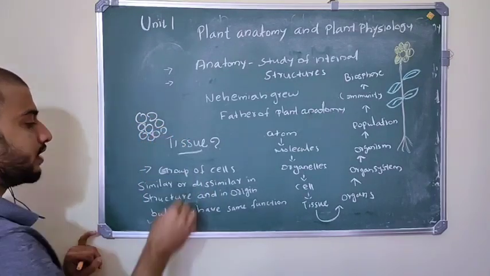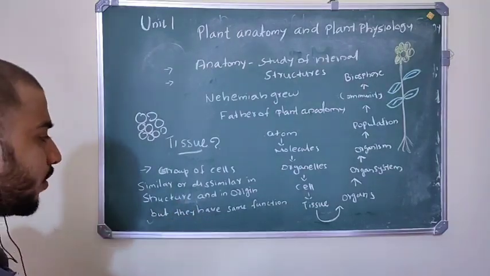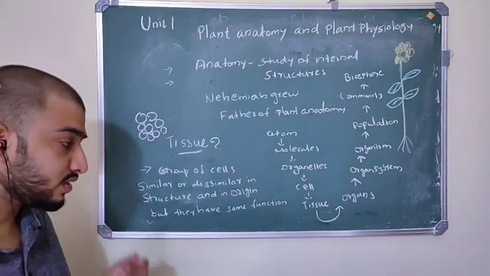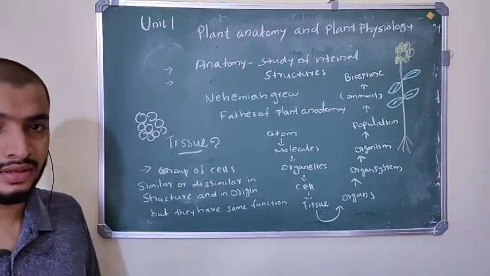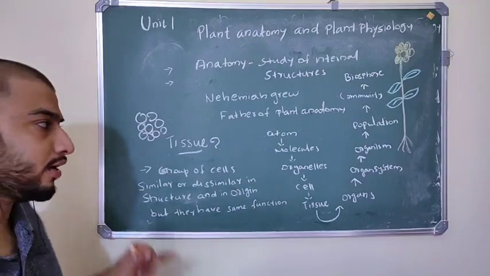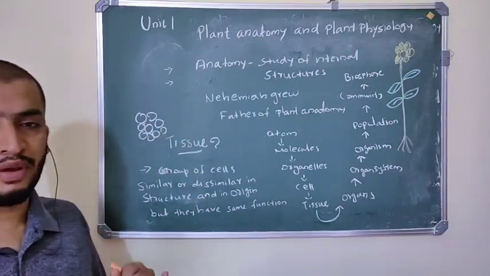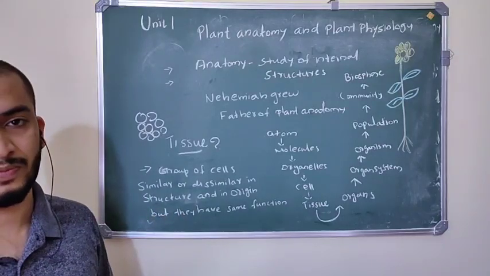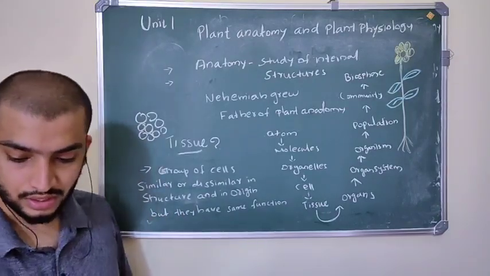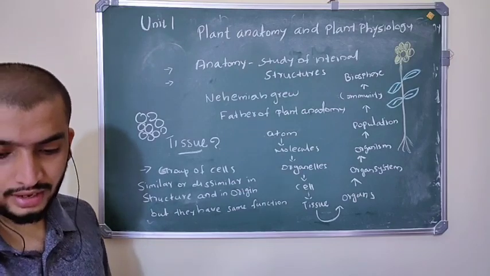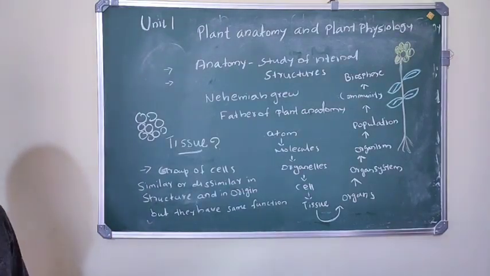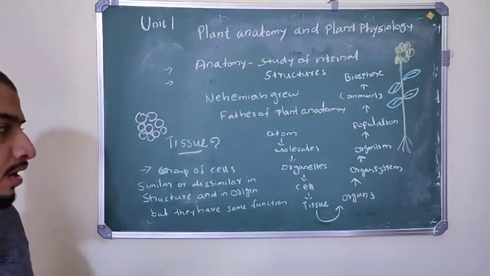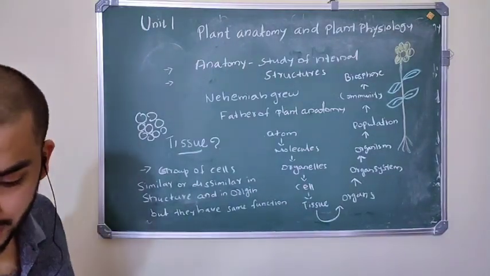They may be similar or dissimilar in structure and in origin, but they have the same function. So a group of cells that perform the same function is called tissue. Understood? So tissues are groups of cells that are similar or dissimilar in structure and origin, but they have the same function.